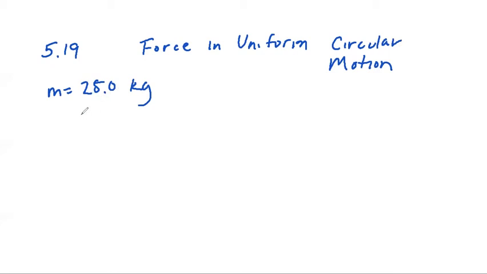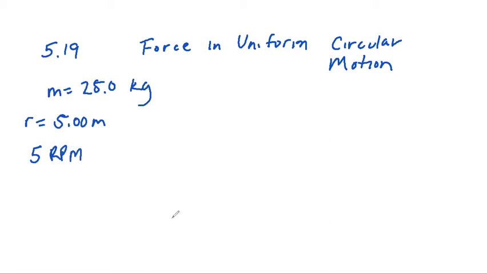It is attached by a 5.00 meter rope, I'm assuming that's r, to a post set on the ice. Once given a push, the sled revolves uniformly in a circle around the post. If the sled makes 5 complete revolutions every minute, 5 RPM, find the force F exerted by it on the rope.